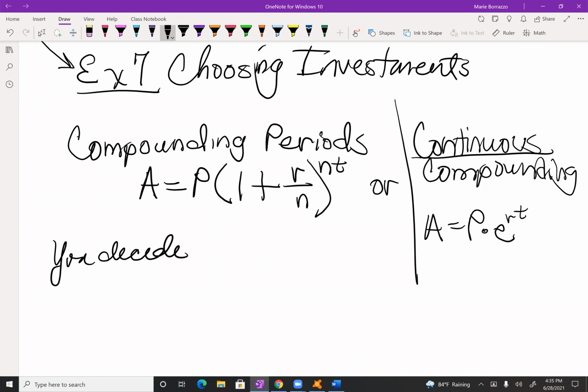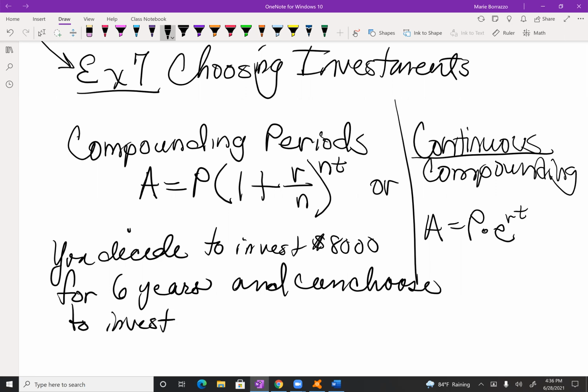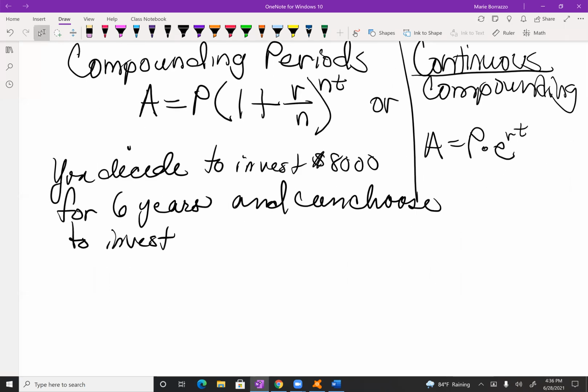they basically say you decide to invest $8,000 for 6 years and have a choice. So you can choose to invest in two accounts. The first account is, so I'm going to do like one.